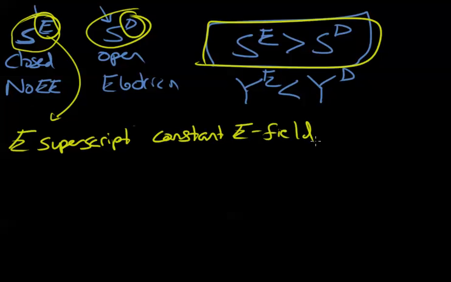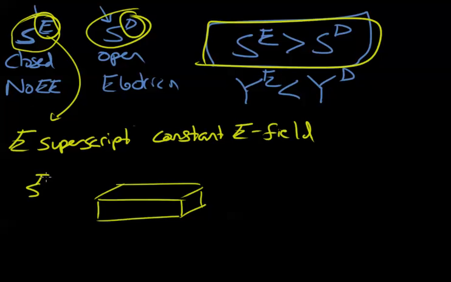So constant electric field basically means any way that the electrodes are somehow connected to each other. If the electrodes are connected to each other anyway, then you'll be using SE. So for example, the first case where we had the electrodes literally connected to each other with a wire. That is SE.